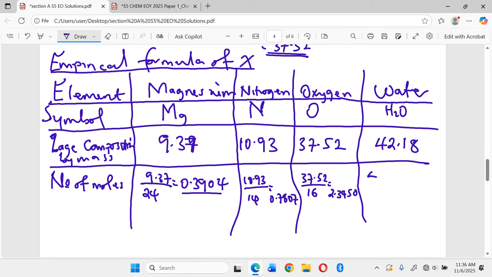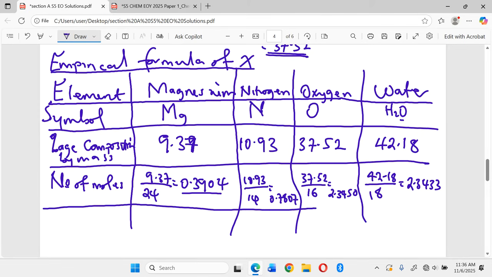And then here we have 42.18. Now for water, we get the one for oxygen, which is 16 plus 2, and that becomes 18. I believe you know how to get that in senior 5. You should be able to know that. 3, 4, 3, 3. So that is the number of moles for each of the elements present.